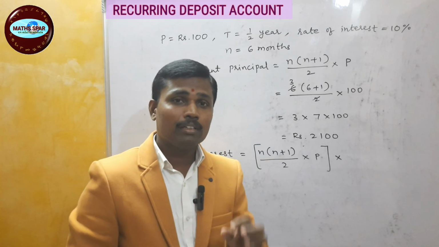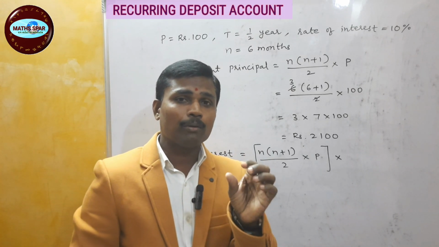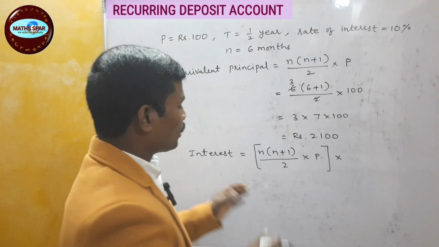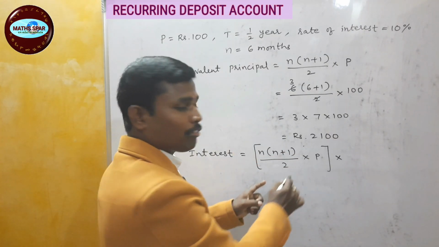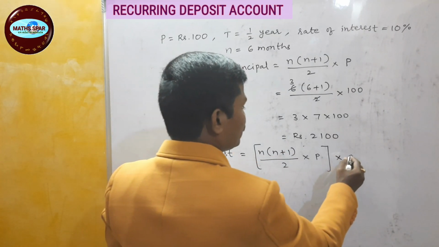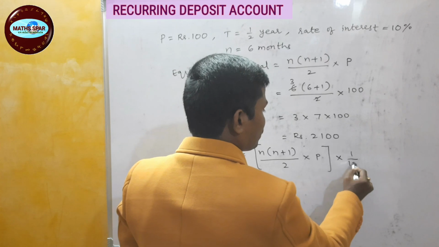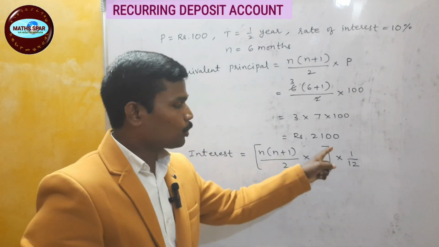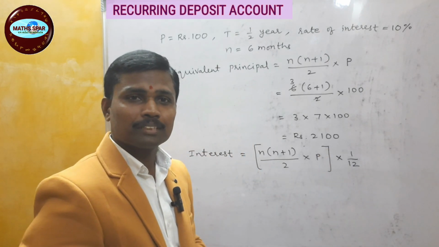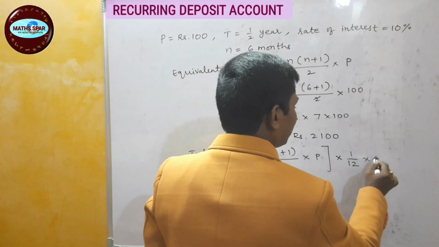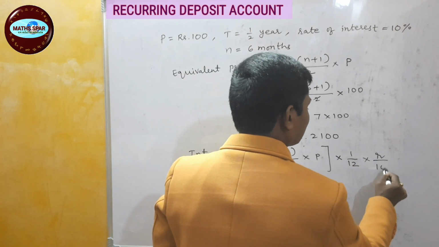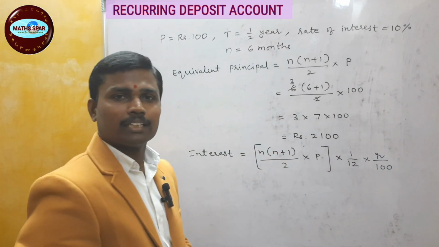We are all aware of finding the simple interest by using PTR by 100. So here P is equivalent principal, then time, every month you are finding the interest, so 1 by 12. Then R by 100, that is rate of interest by 100.